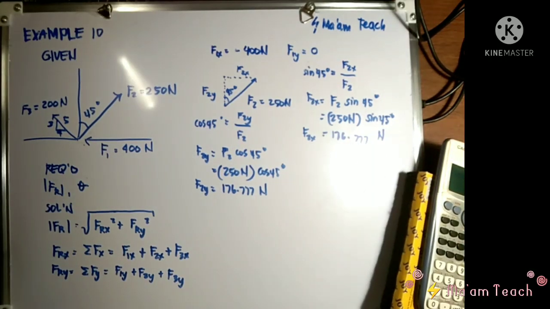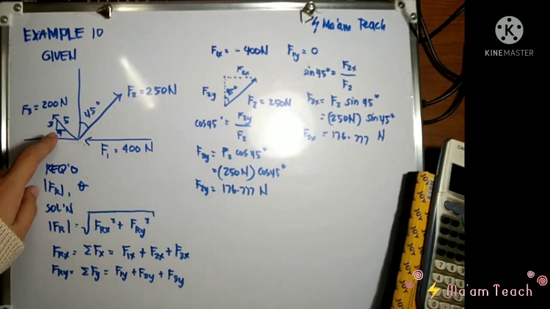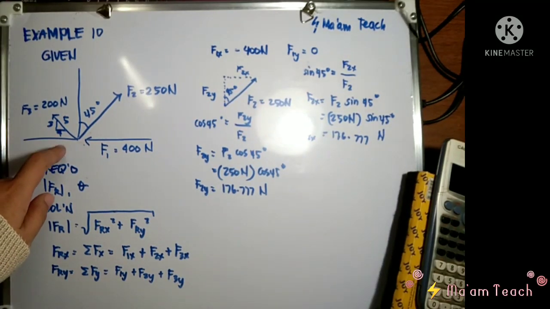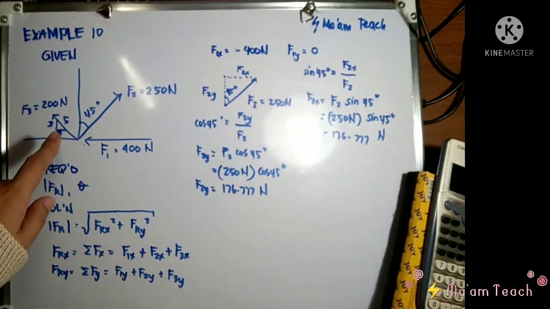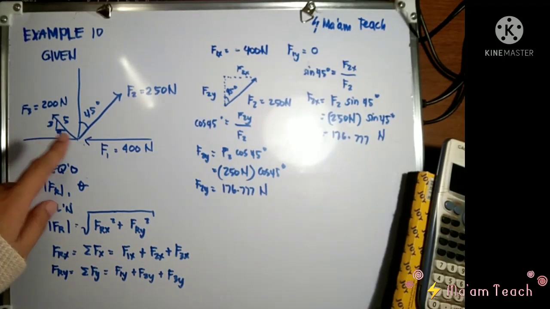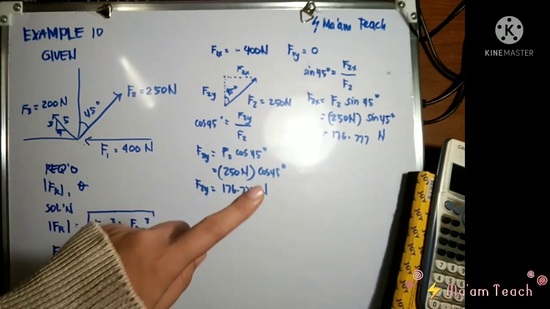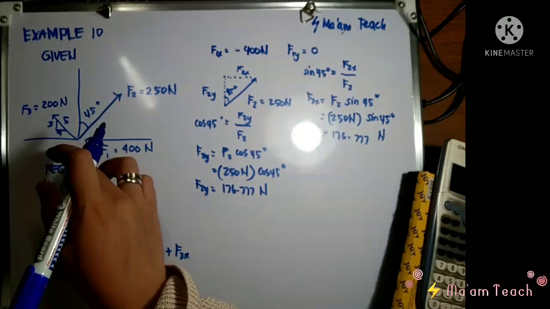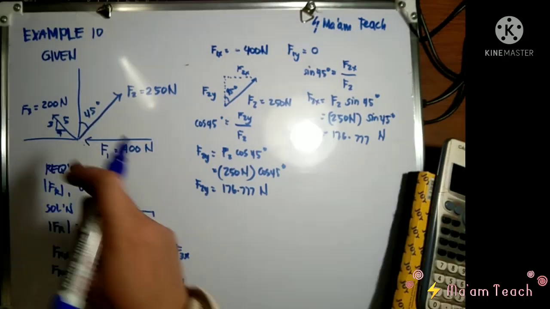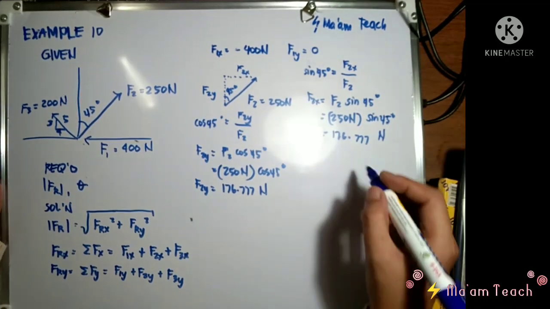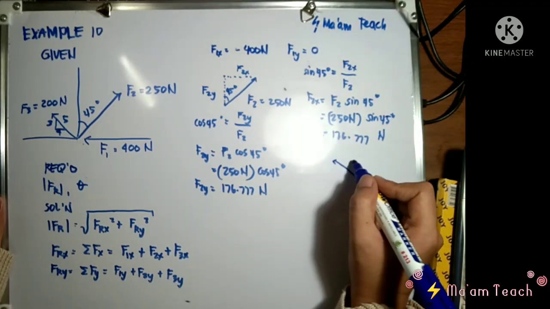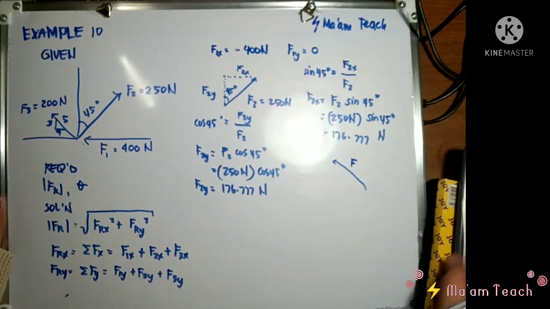Okay, now how about for the F sub 3? Now notice, class, that our F sub 3 is in the form of a slope. Instead of an angle, we are given here a slope 3, 4, and we have a hypotenuse of 5. So in this case, instead of using the trigonometric identities cosine and sine, we will be using the similar triangle, the ratio and the proportion, in order to analyze this. So redrawing our F sub 3, this is F sub 3.